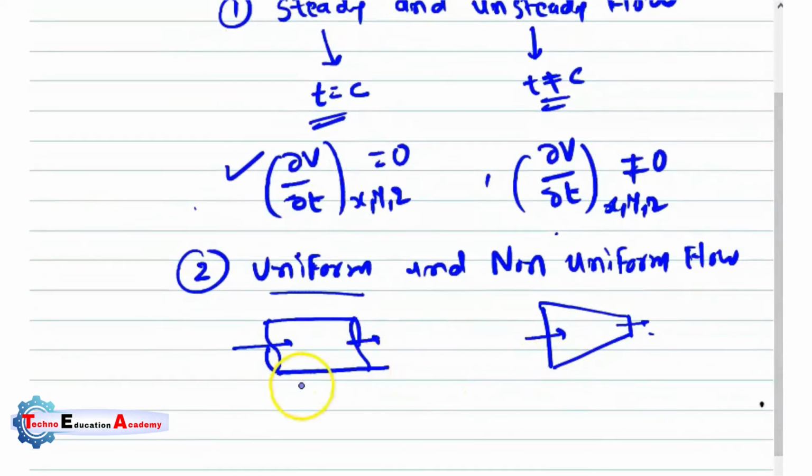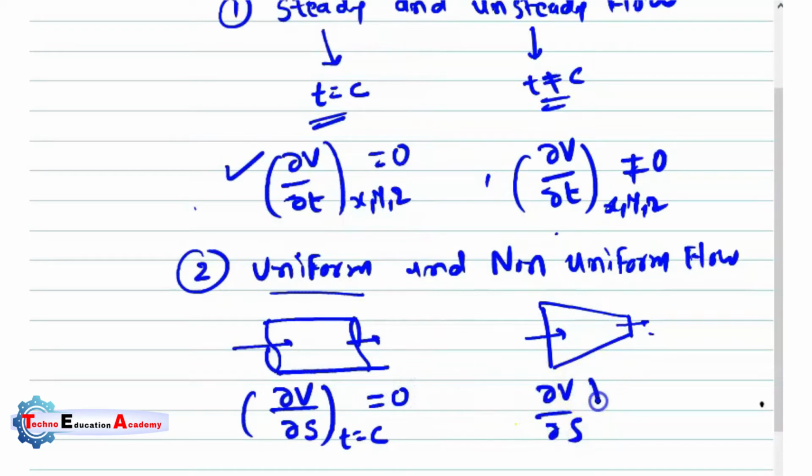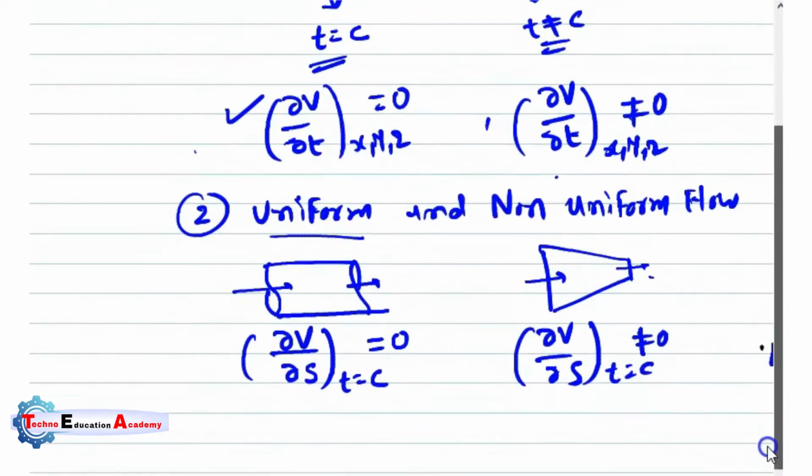If we express it mathematically, the change in velocity with respect to s, the space coordinate, at constant time, is equal to 0 for uniform flow: del v by del s, time constant, equals 0. And del v by del s, change in velocity with respect to space at constant time, not equal to 0, means non-uniform flow.